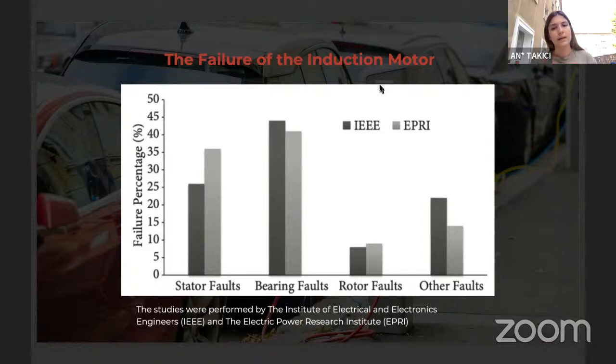So that's why, with these disadvantages, it could be hard to say that the induction motor is ideal. These are the disadvantages of the induction motor.